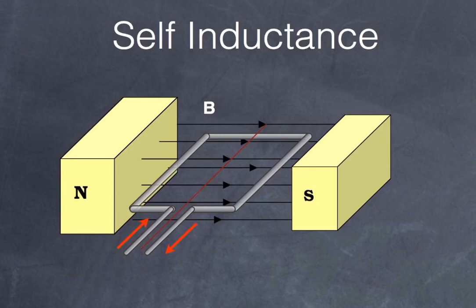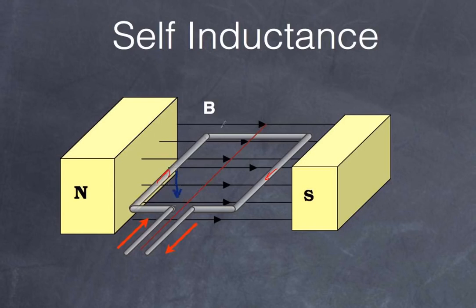First of all, we have a current going into this side over here and out this side. Using your right hand palm rule, since the magnetic field lines are moving from left to right and the current is going into the page, you can see that there will be a force applied on this side in the downward direction.